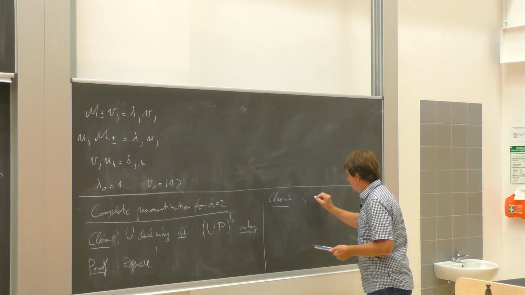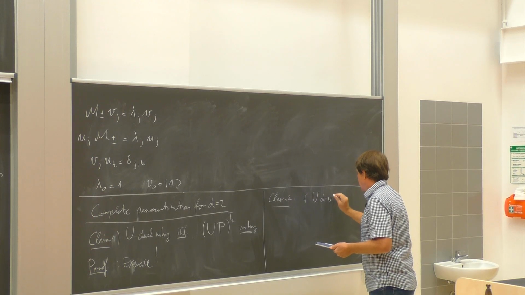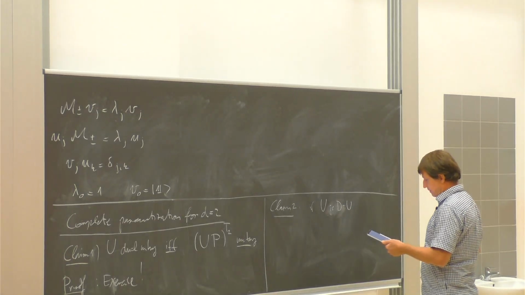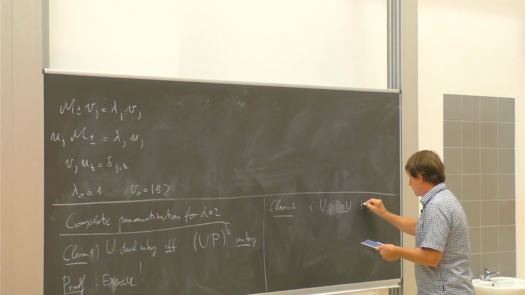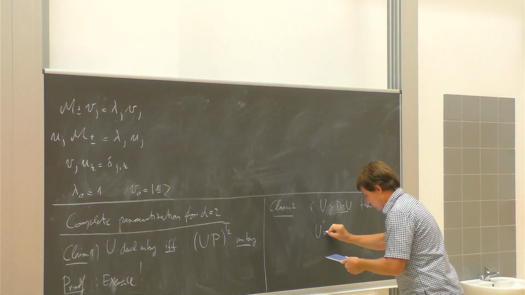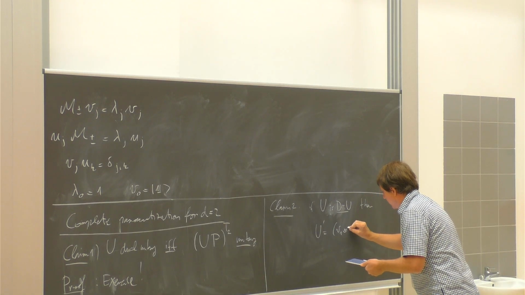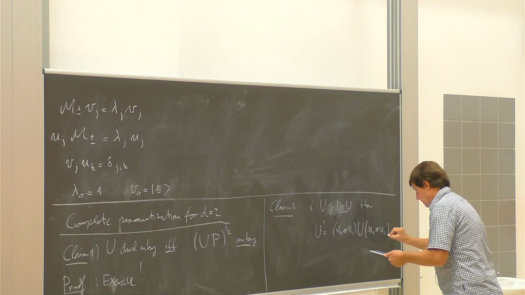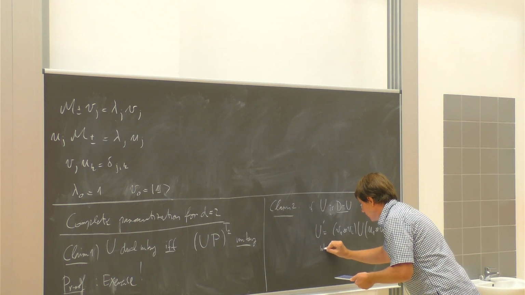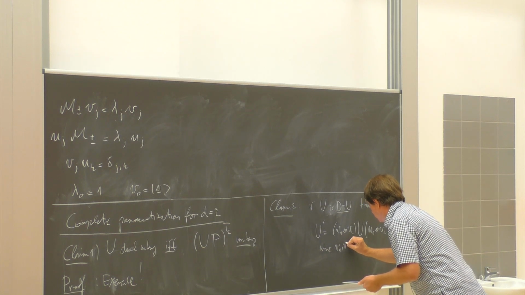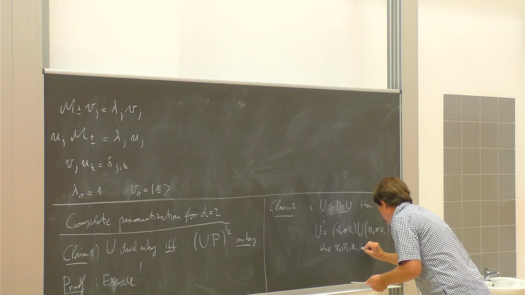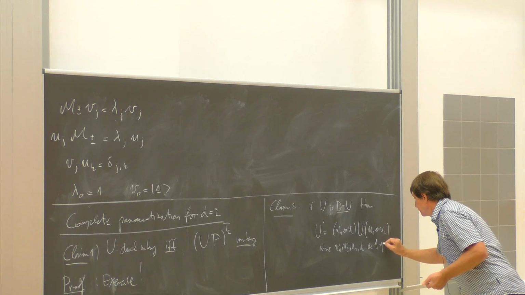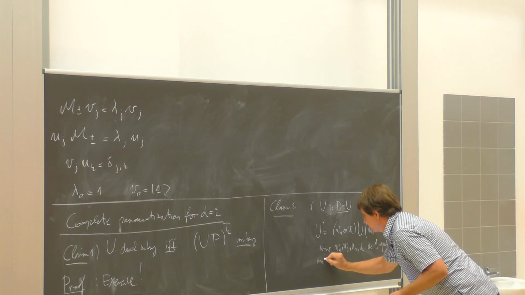If U is dual unitary, then U prime, which will be some V1 tensor V2, U1 tensor U2, where V1, V2, U1, and U2 are some single qubit unitary gates.